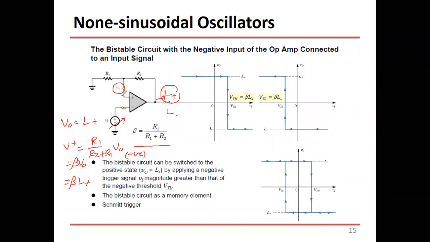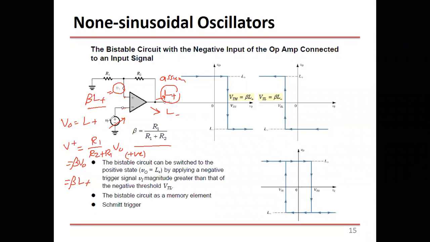If V minus is higher than V plus, then the output is the lower saturation level, L minus. Now this one is beta L plus. Why? Because V plus is a fraction of V out, and we assumed in the beginning that V out is L plus. So L plus gets fed back, and V plus is beta times L plus.